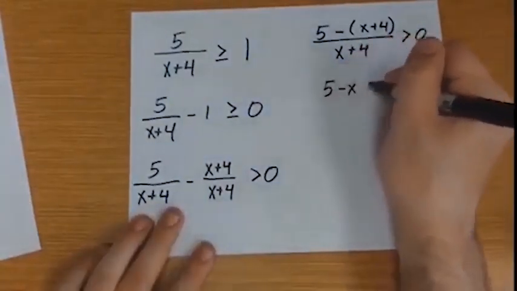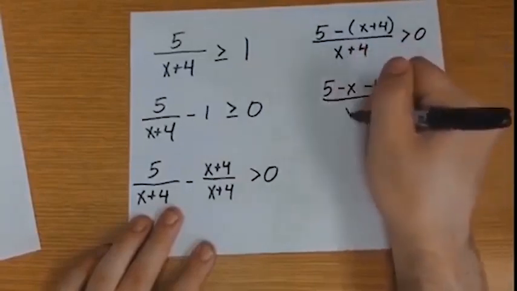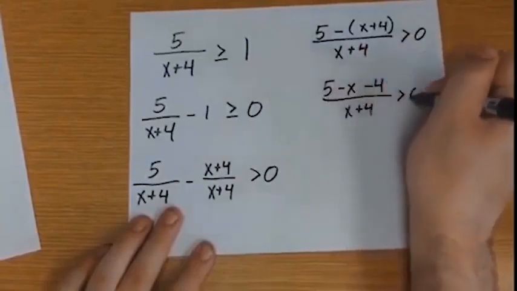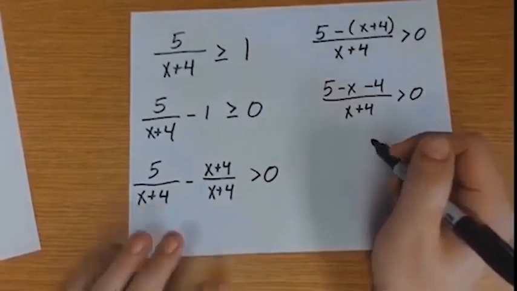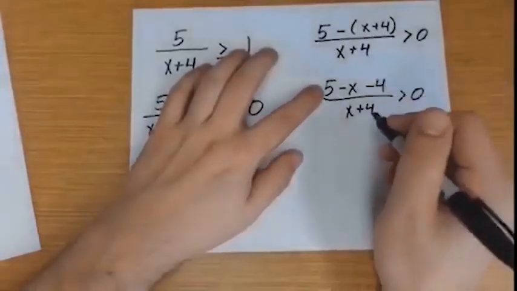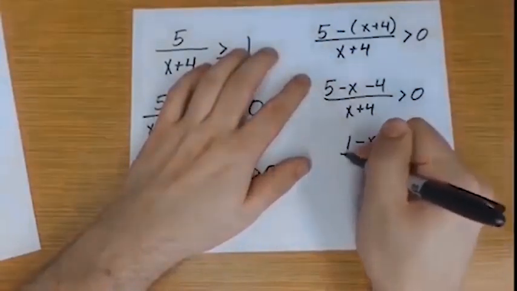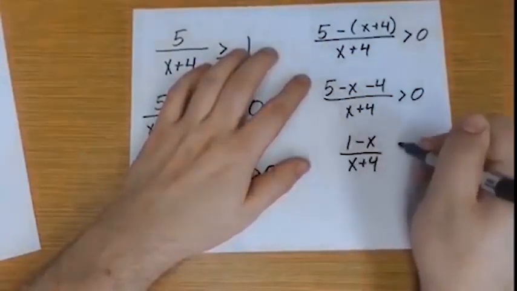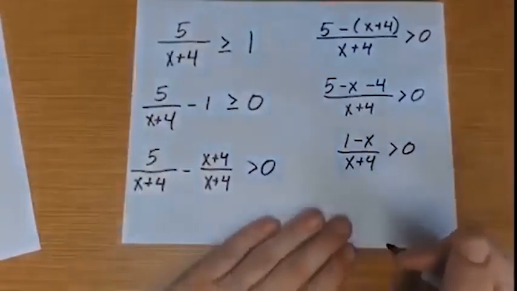So 5 minus x minus 4. 5 minus 4 is 1. So 1 minus x over x plus 4 greater than 0.